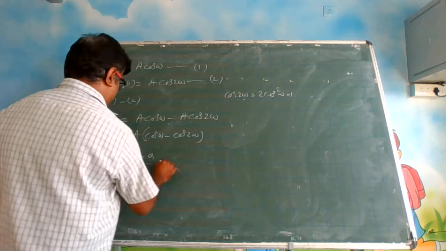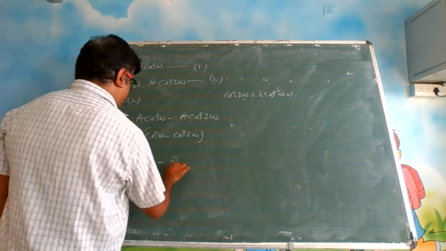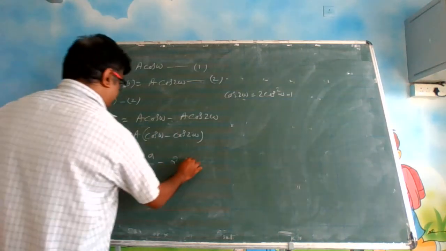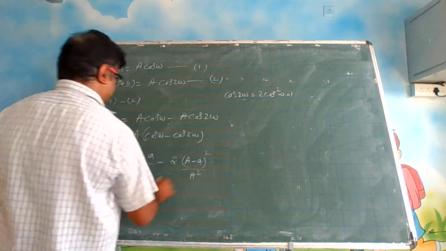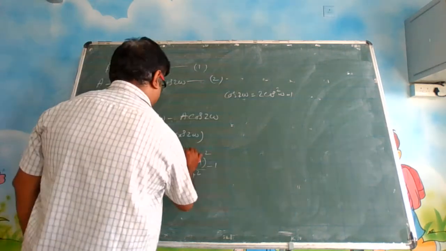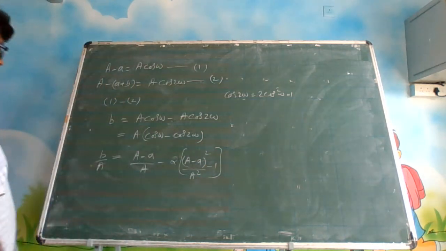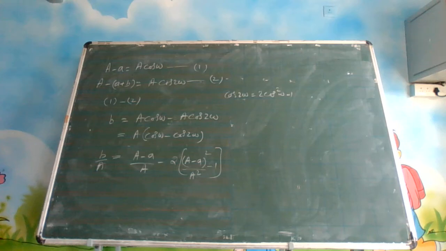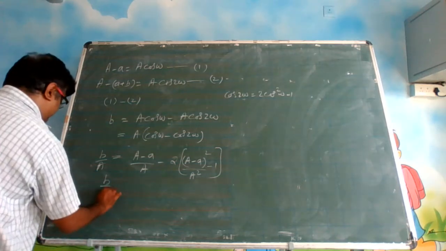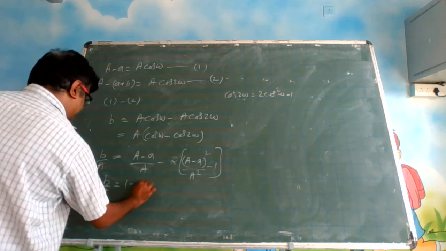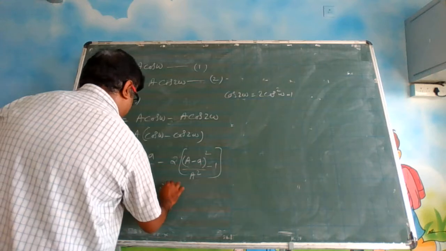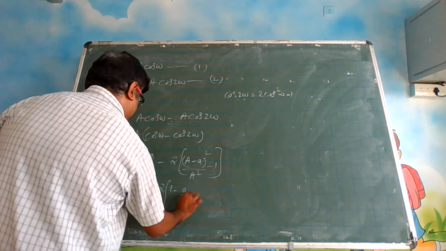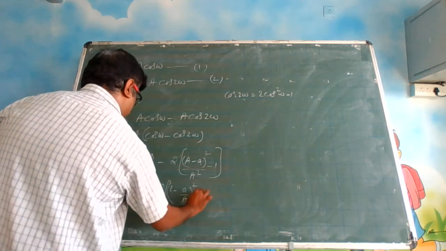So I can write this as 2 into cos square omega, it is A minus a whole square by A square, minus 1. So this is B by A equals 1 minus a by A minus, 2 into 1 minus a by A whole square minus 1.